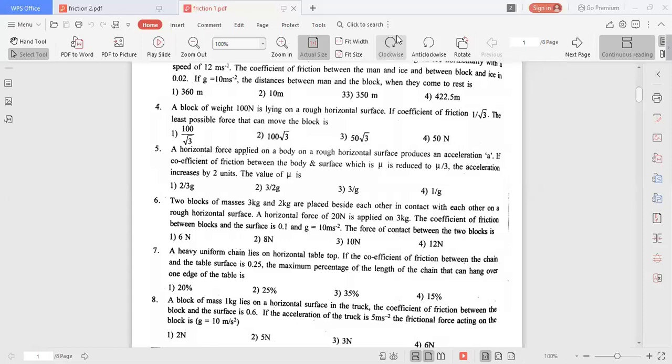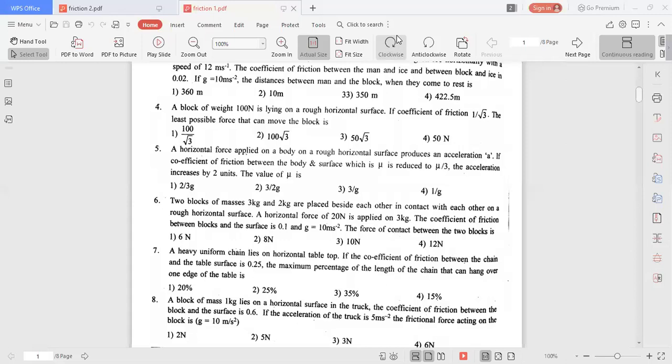A horizontal force applied on a body on a rough horizontal surface produces an acceleration A. Here the applied force F is in this direction. Whenever the applied force is in this direction, the frictional force acts in the opposite direction. In the first case, the frictional force is say F1.